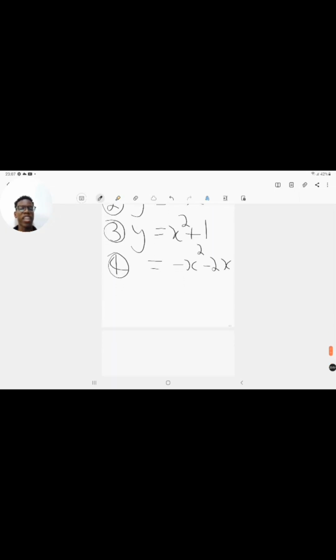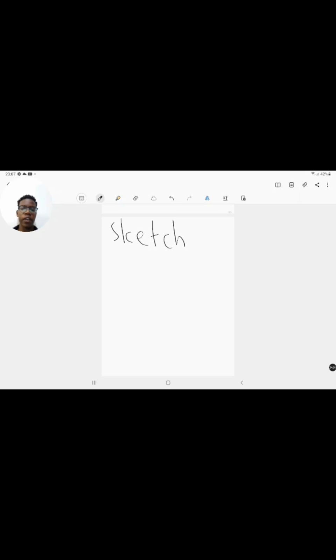So I ask you to sketch these functions. That's the question: sketch the equations, or sketch the functions roughly.